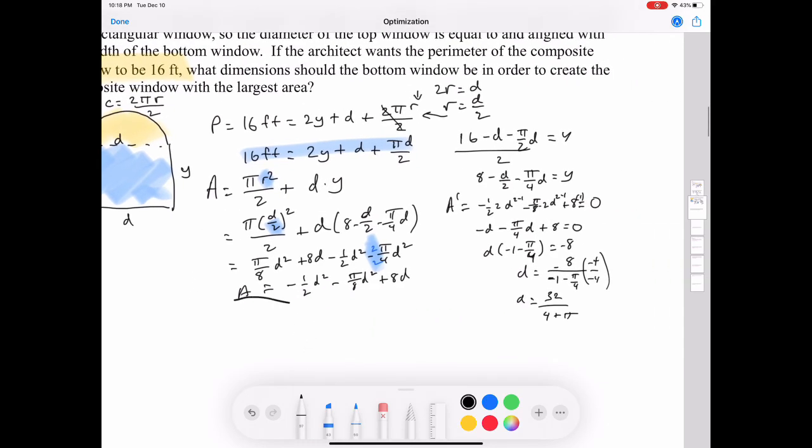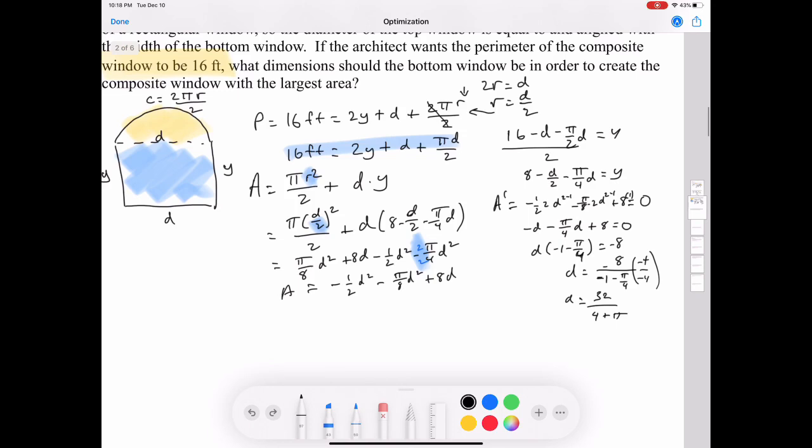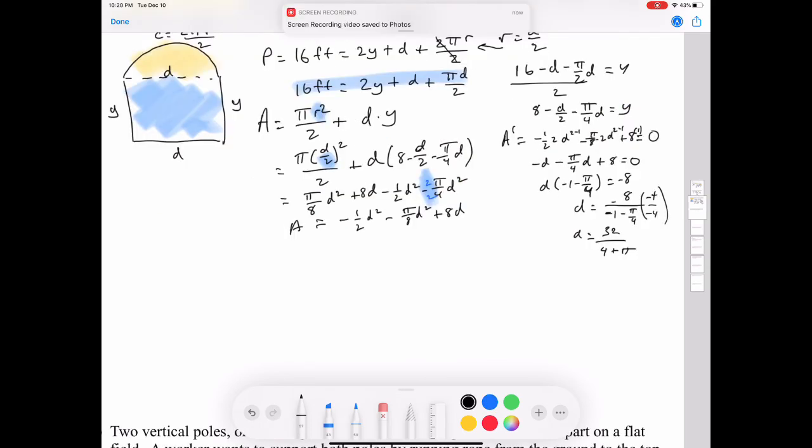If we want to go ahead and find the y value now, we can use the equation up here. A little messy. Okay, let's solve for y now. Y is equal to 8 minus 1/2 of d, and we said d was 32 over 4 plus pi, minus pi over 4.